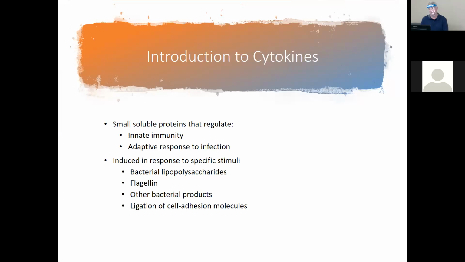So cytokines, yay, cytokines. We finally made it to chapter 6. It gets a little easier for me because basically we're just re-talking over some of the things that we've already talked about and then assigning a player. We're going to assign new players that you've heard of.